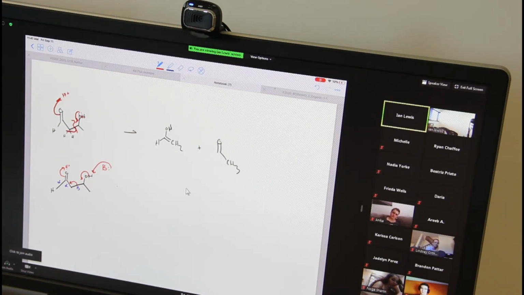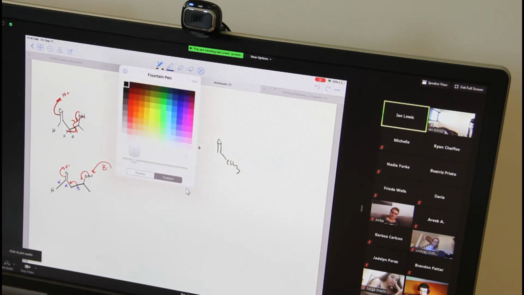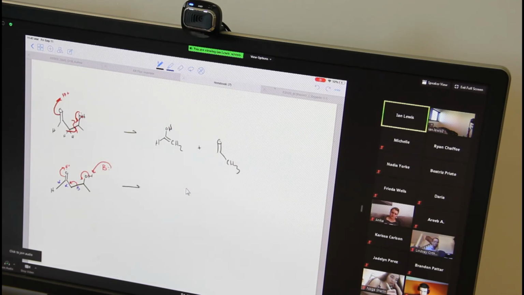So that takes you very conveniently to this molecule right here. I'll draw it in the same orientation that we have on the slide so that it makes some sense. So we have a hydroxyl here, and then we have our double bond formed here.